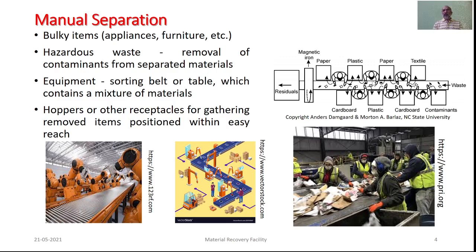As people are continuously working here, they will be gathering those items, and this collection should be directly placed into the designated containers. Hence, such containers should be in the immediate vicinity of them.